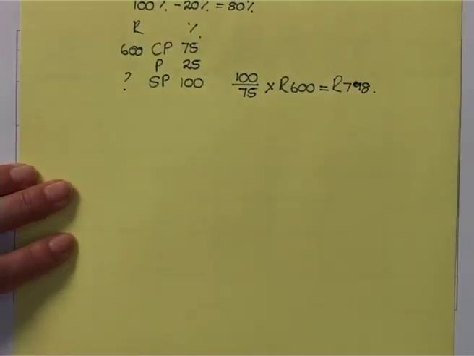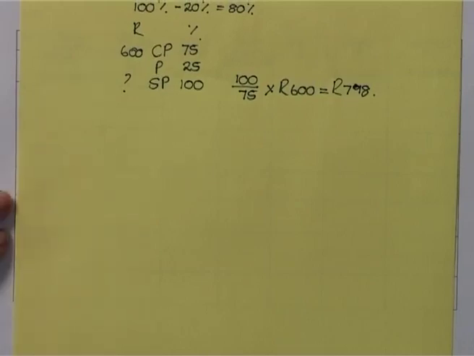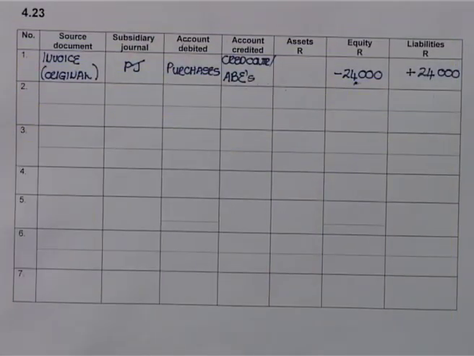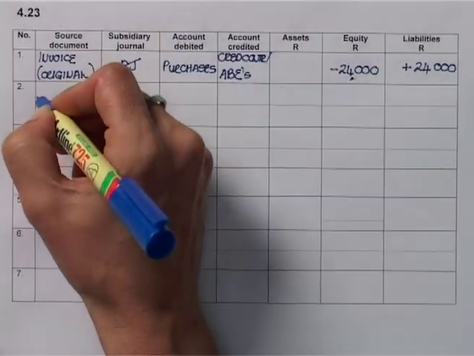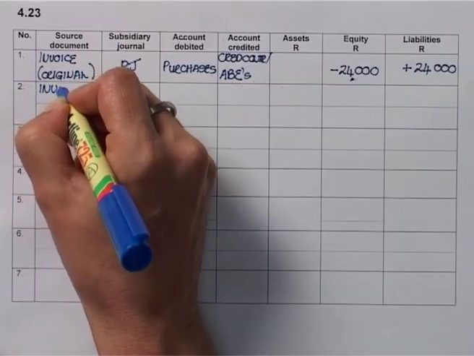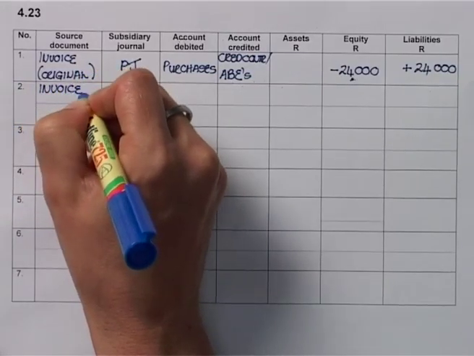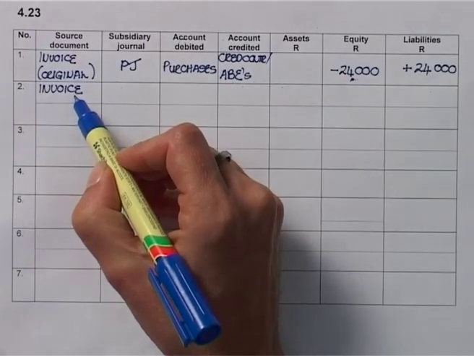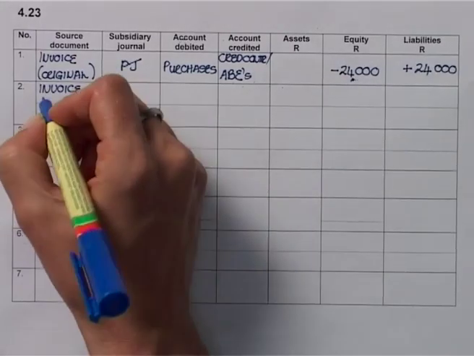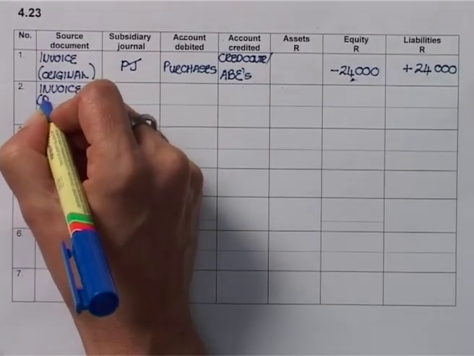If we now account for this, we include it in our table, analyzing this transaction. Because we sold goods, this will be an invoice, again, that we use as our source document, but in this case, we're issuing the source document, so we are going to be left with only the duplicate.